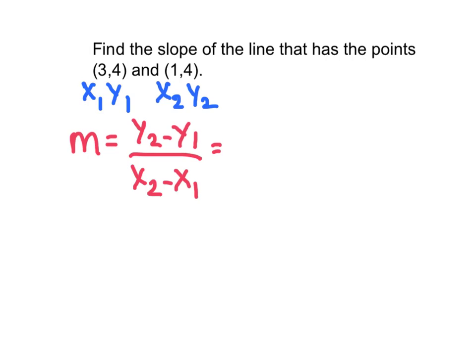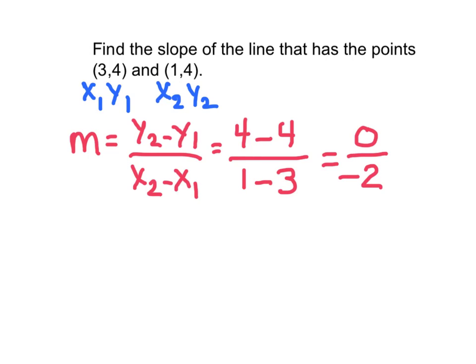And my y sub 2 value is 4, and my y sub 1 value is also 4. And then my x sub 2 value is 1, and x sub 1 is 3. 4 minus 4 is 0, and 1 minus 3 is negative 2. So 0 over negative 2 gives me a slope of 0.